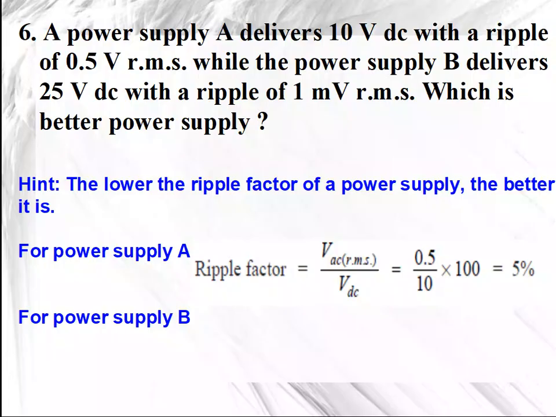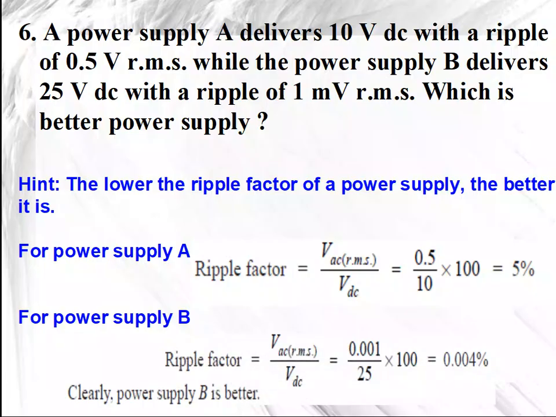Similarly, in case of power supply B, what we can see that the V AC RMS is equal to 1 millivolt, that means 0.001 divided by 25. So from here we can get 0.004%. So that means power supply B is better because the ripple factor is less. So if the ripple factor is less, then the power supply is showing their betterness.